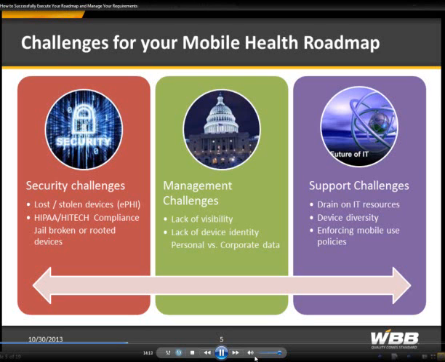Which comes first? Who owns the ultimate accountability and responsibility of corporate health-related data, federal health-related data residing in a personal device when you go BYOD? What kind of regulations, compliance, security challenges, and management challenges reside there when it comes to implementing successful BYOD? It's still an ongoing challenge.